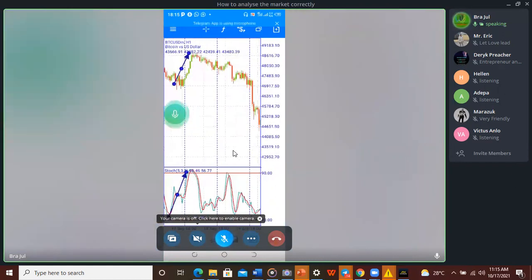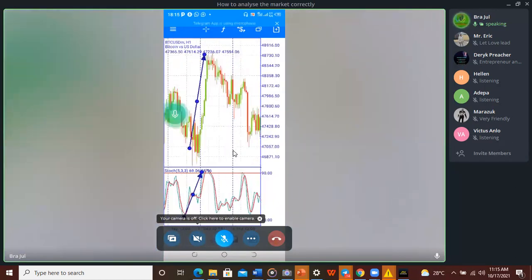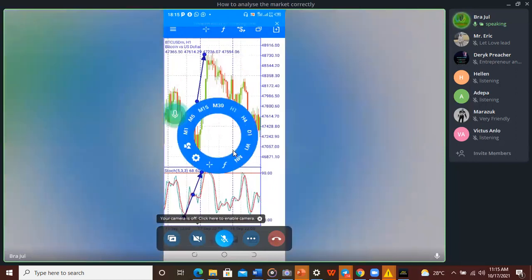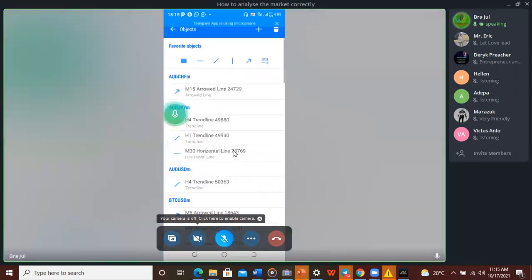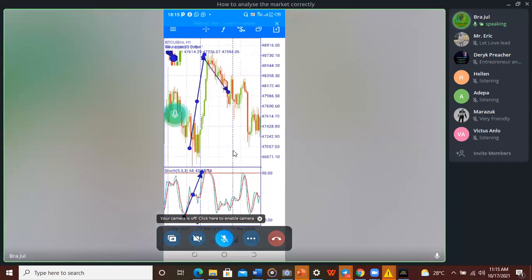So in this case, it has reached an overbought level here. And as it reached the overbought, you can now see that there is a turn in the price to the downside.